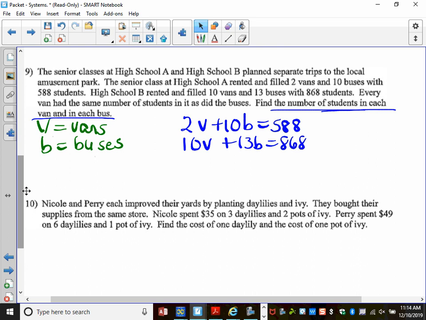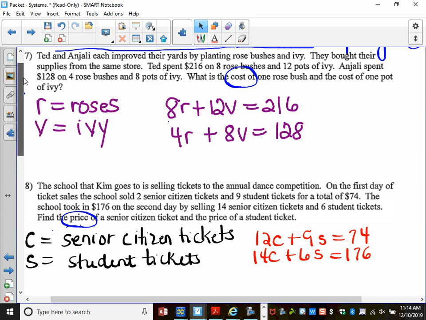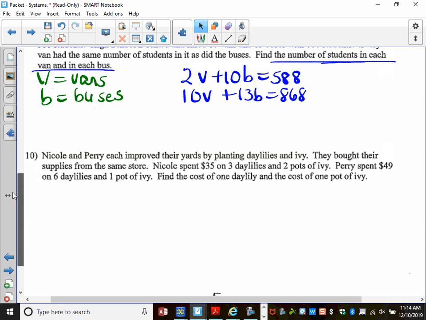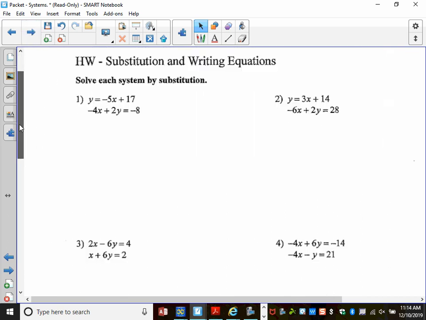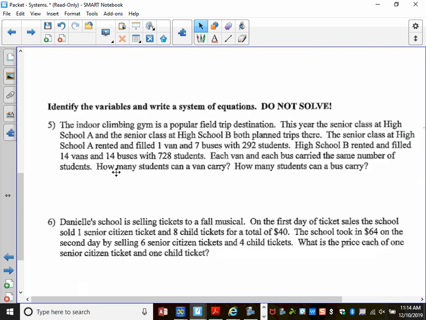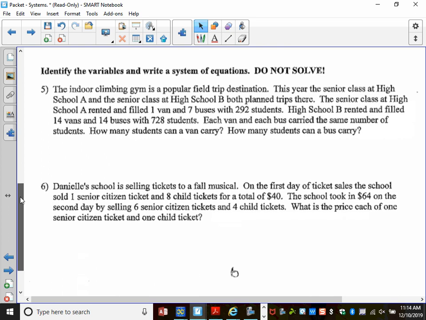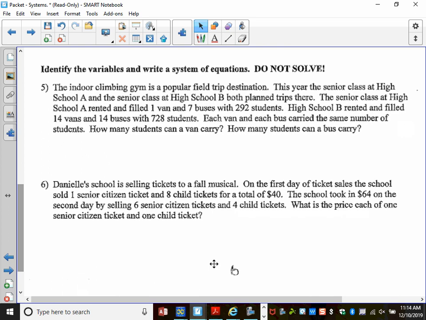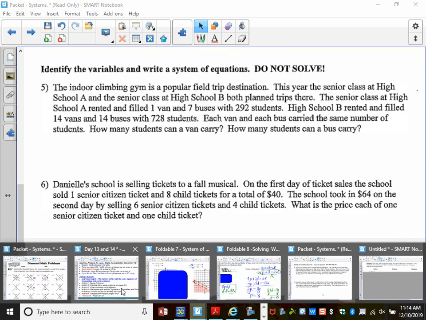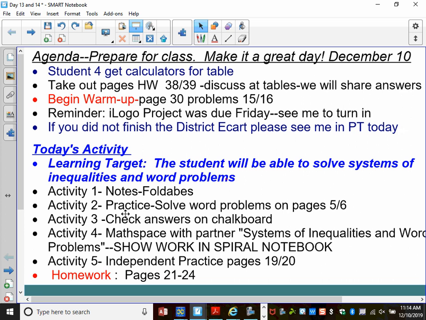So you're doing 7 through 10 on page 5, and then on page 6 there should be 2 at the bottom. Okay, 5 and 6. All right, so when you're looking at the agenda where it says practice solving word problems on pages 5 and 6, that's what I'm referencing.